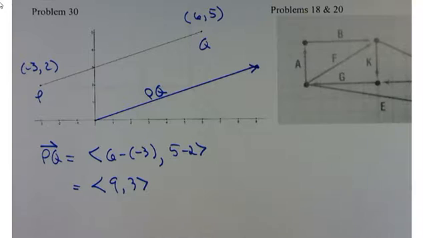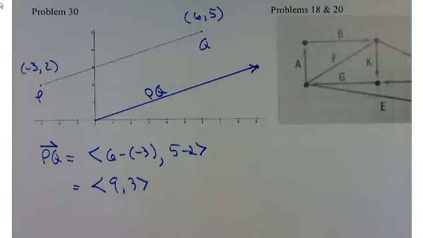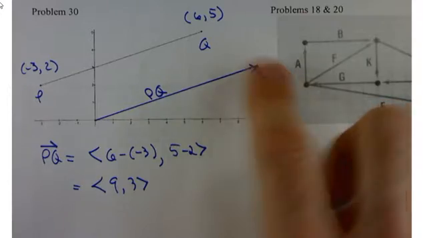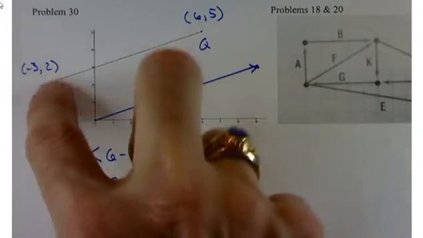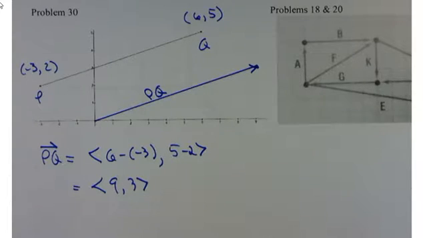These are considered parallel. They're equivalent vectors. They both have the same magnitude and direction. So if I pick this up and put it here, I could start out at the origin and get here. Or if I pick this one up, put it here, I'll start out at P and get to Q. They're parallel vectors. They're essentially the same.